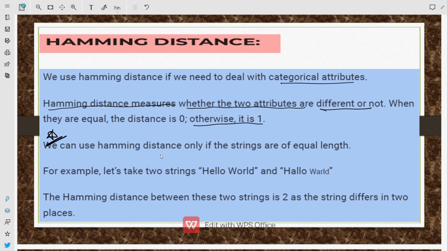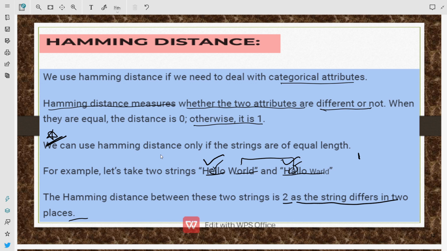For example, let's take the two strings, hello world and hallo warld. The strings are of equal length. We have to check whether these two strings are similar or not. The Hamming distance between these two strings is 2, because the strings differ in two places. Here h is matched, and then e does not match, so that is 1.